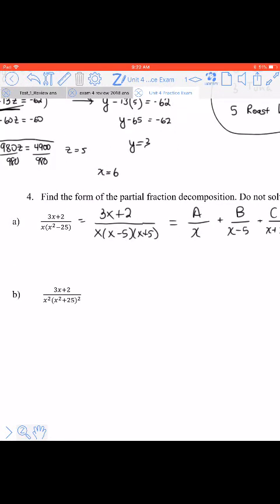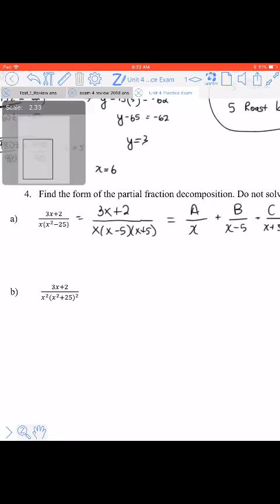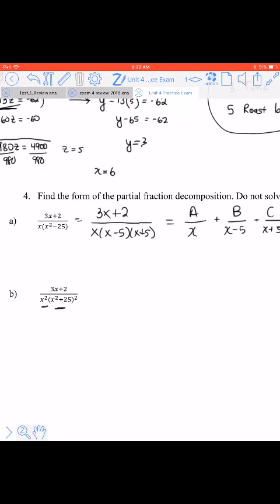Okay, part B, a little different. We have x squared here, and then x squared plus 25 is not factorable. That's what's called an irreducible quadratic factor, and it's repeated. So this is case 4, where we have an irreducible quadratic factor.